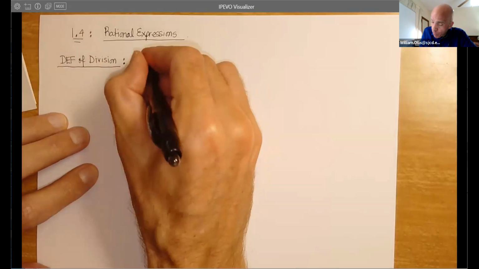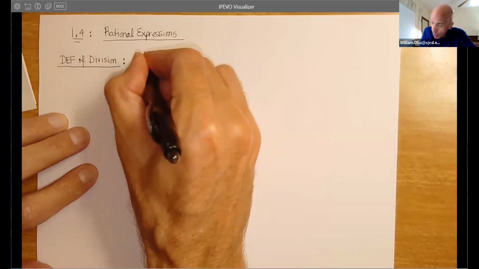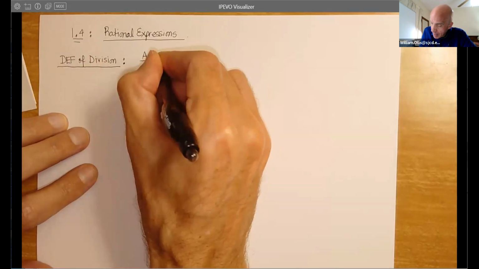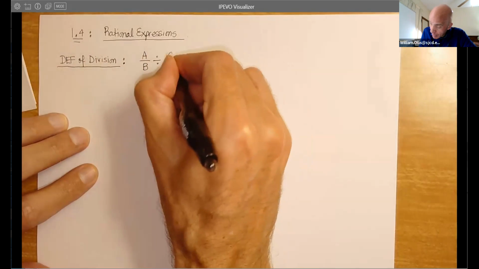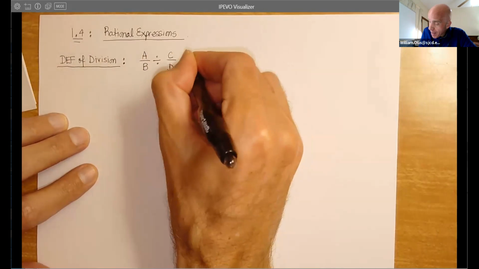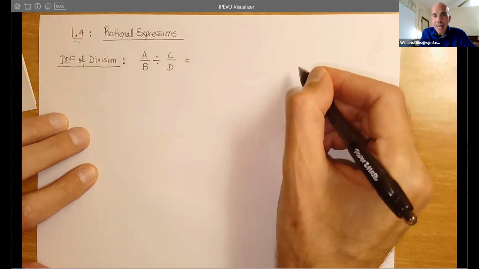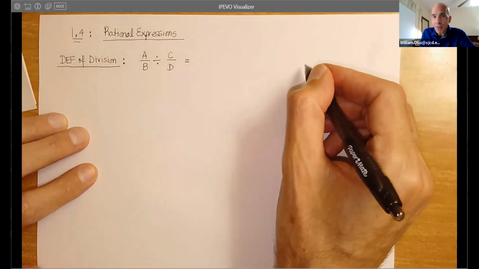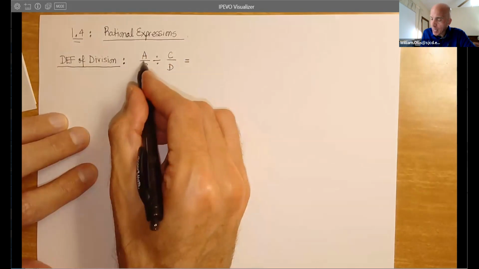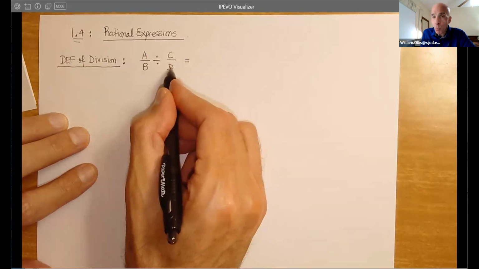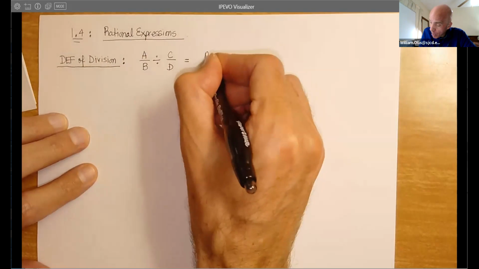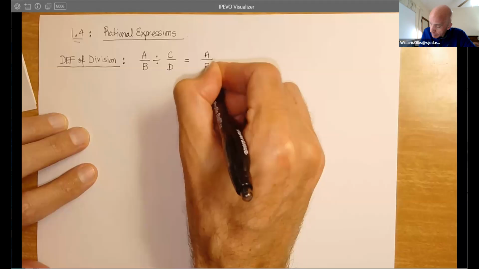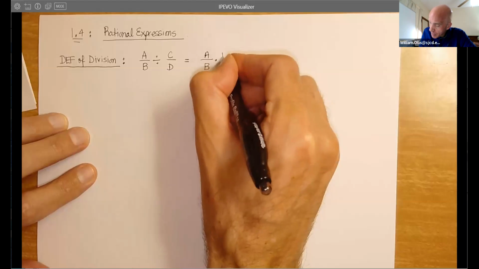That is, if we have A over B as a fraction divided by C over D, we must define division in terms of multiplication. And what that means is that if we're dividing a fraction by a fraction, we invert and multiply. That is, we have A over B times D over C.